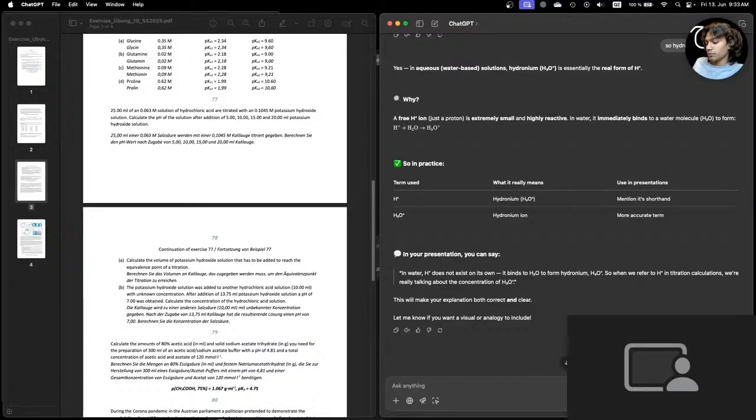Therefore, the H plus and OH minus are equal. Concentration of HCl equals number of moles of HCl by volume of HCl, so 1.4 times 10 to the minus 2.